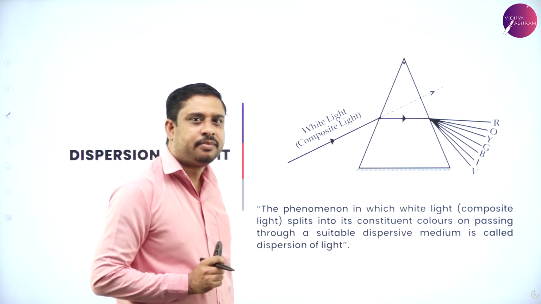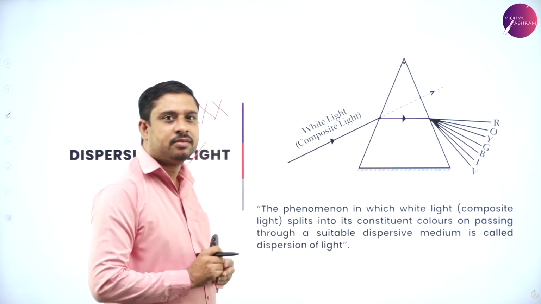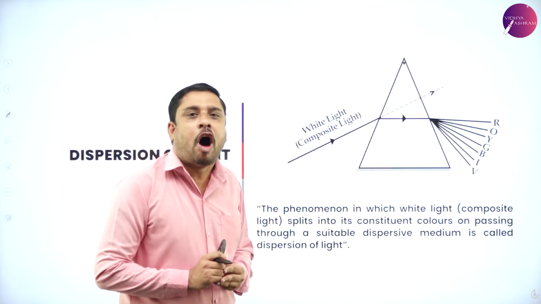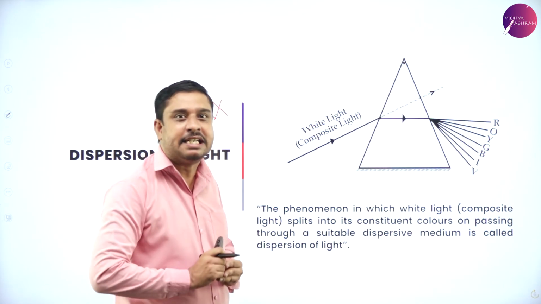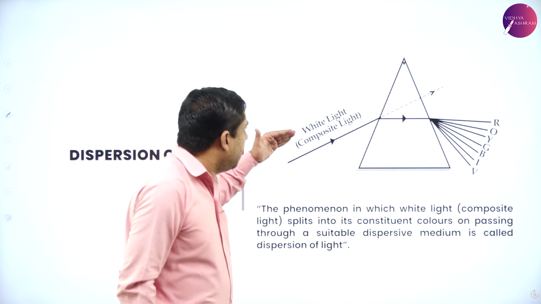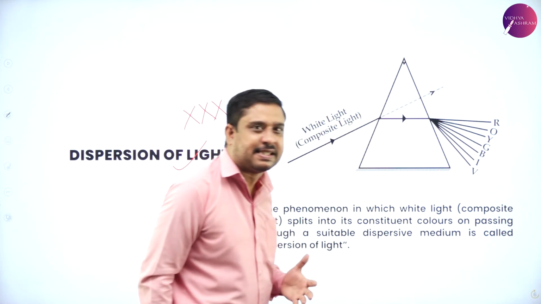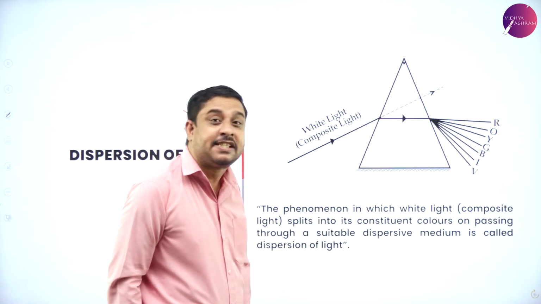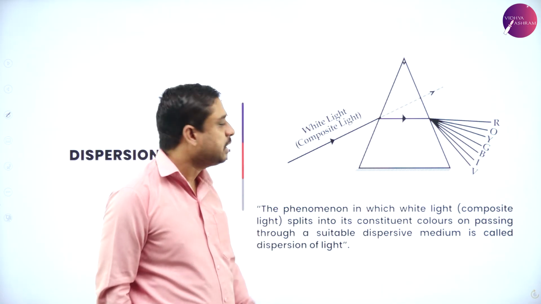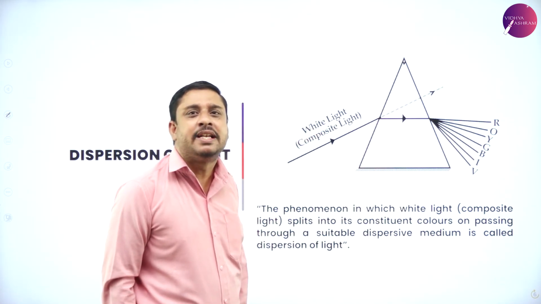White light, which is composite light, is a composition of 7 different colors. When this white light passes through a prism, what is called a dispersive medium, it is split into all 7 colors.